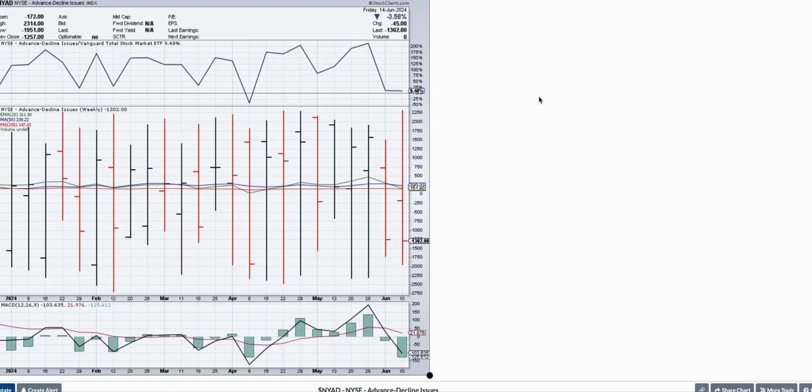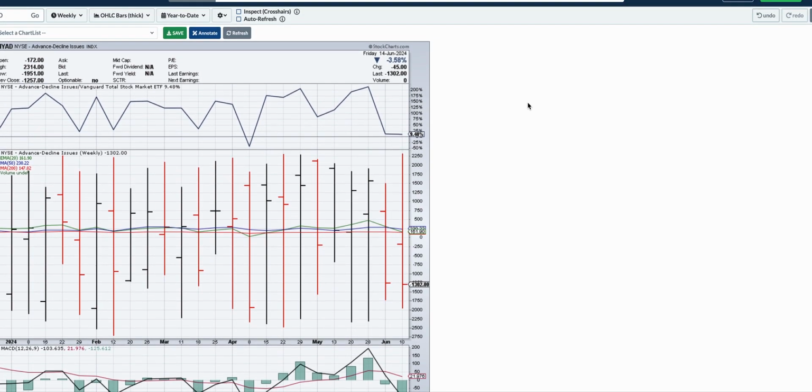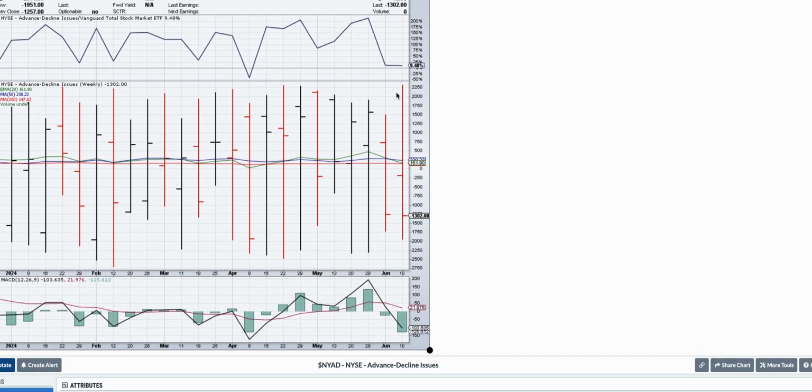So I have this New York Stock Exchange NYSE advance-decline line that took place last week. We can see that the red line shows that there were more declines than advances.